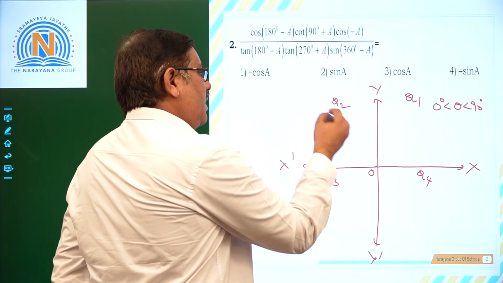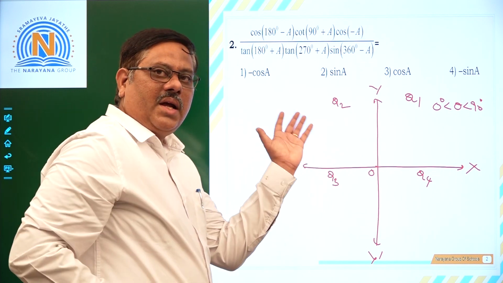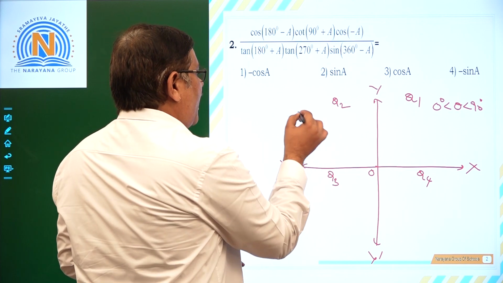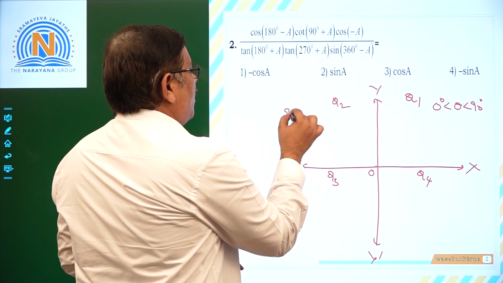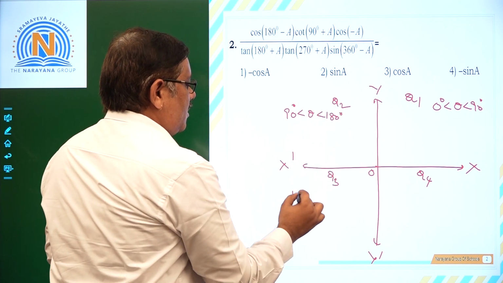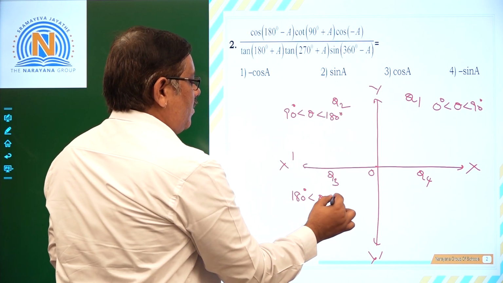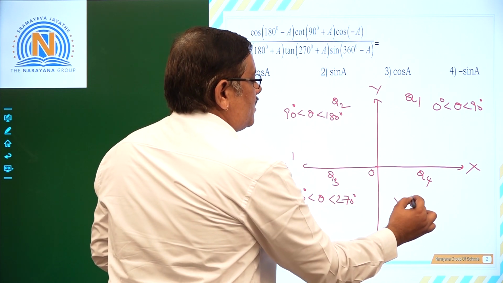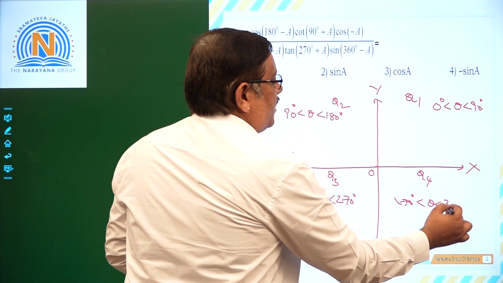Here whatever theta you take will be more than 90 degrees but less than 180 degrees. Here it is more than 180 degrees but less than 270 degrees. Here it is more than 270 degrees but less than 360 degrees.